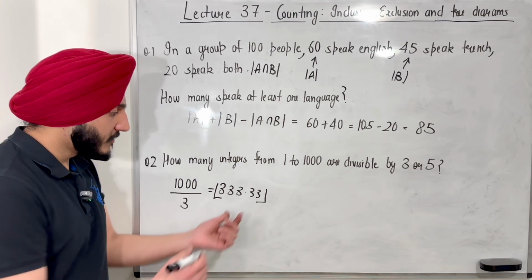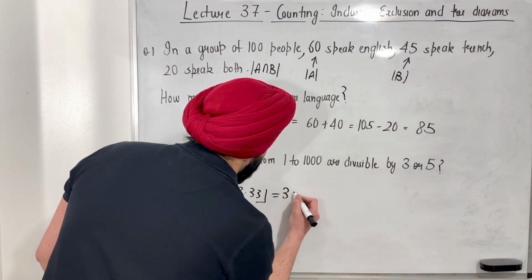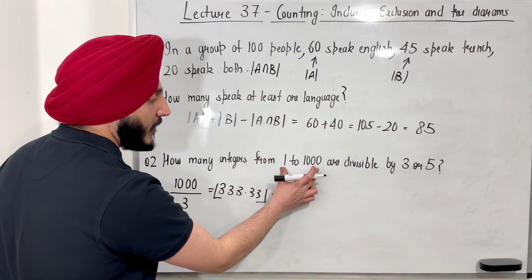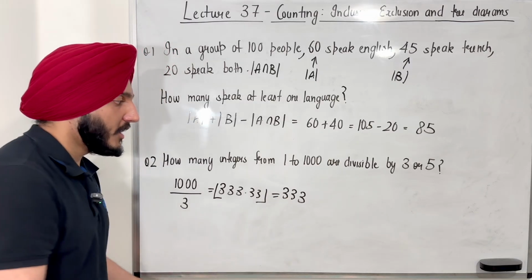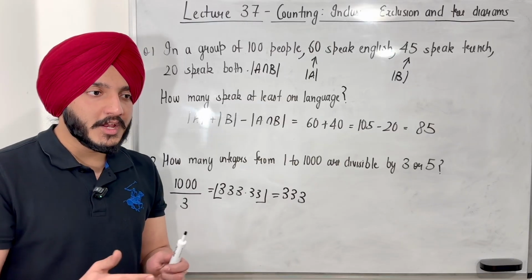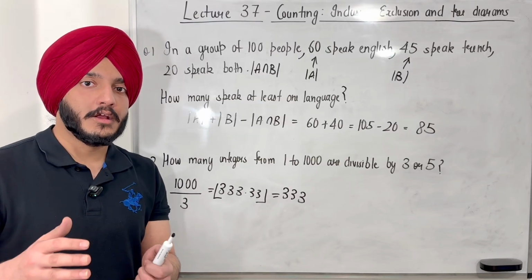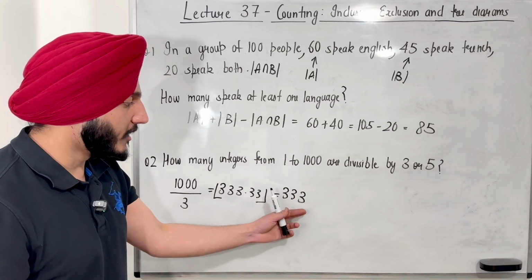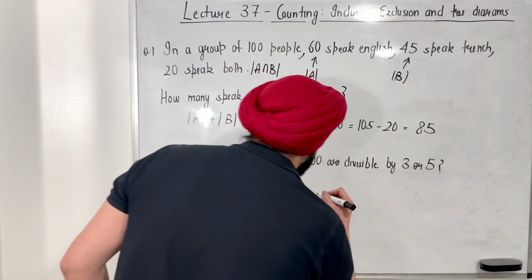So this flooring would give me 333, and this is the exact number of values from 1 to 1000 that are divisible by 3, right? So 333 values, meaning 3, 6, 9, 12 until 999, there are a total of 333 values.